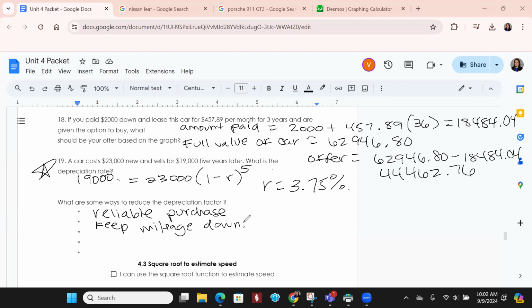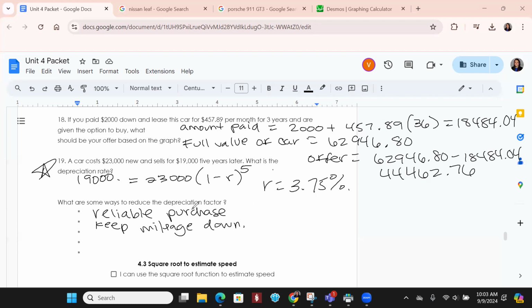He has 140,000 miles on it. He hasn't finished paying it off. So if he's wanting to buy a new car, he's got to finish paying it off, or somebody else has to take over that loan. Well, nobody else is going to take over that loan because it's got 140,000 miles on it. So keep mileage down, find a reliable purchase or a reliable brand.